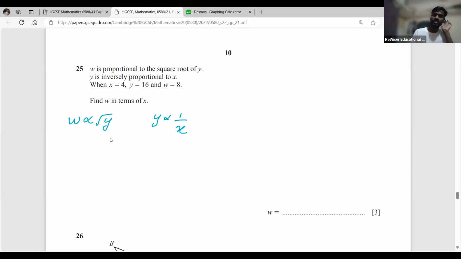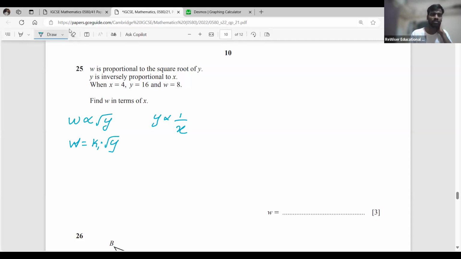So when w is directly proportional to the square root of y, I'm going to introduce a constant here. So w is equal to k1 times the square root of y. I'm going to figure out the value of k1 by using this point. When w is 8, y is 16.